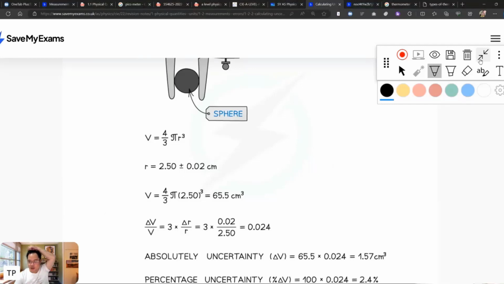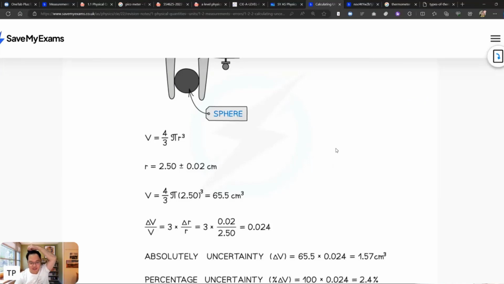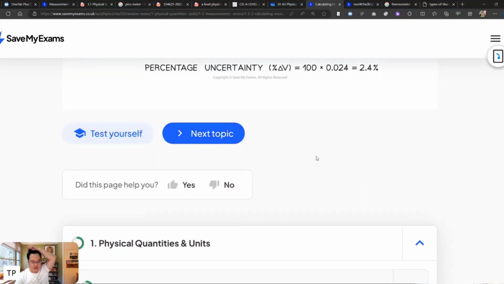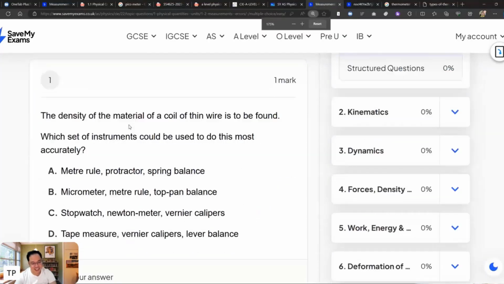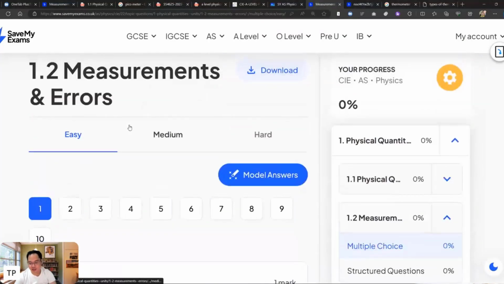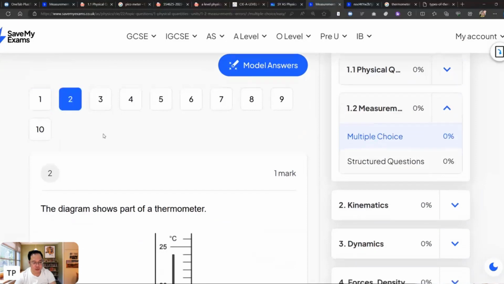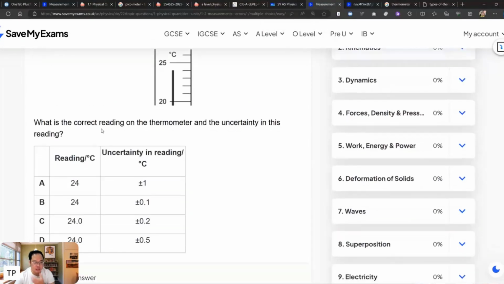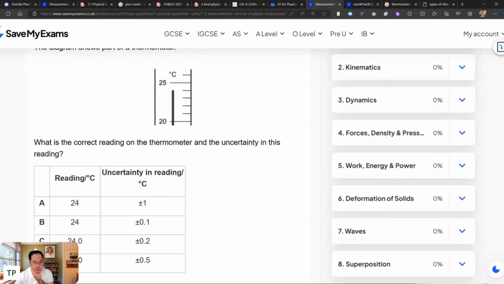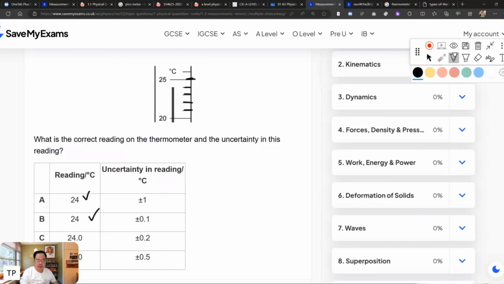Let's do one example, then we stop. Test this out, an easy one. What is the correct reading on the thermometer and the uncertainty in this reading? 24 degrees.